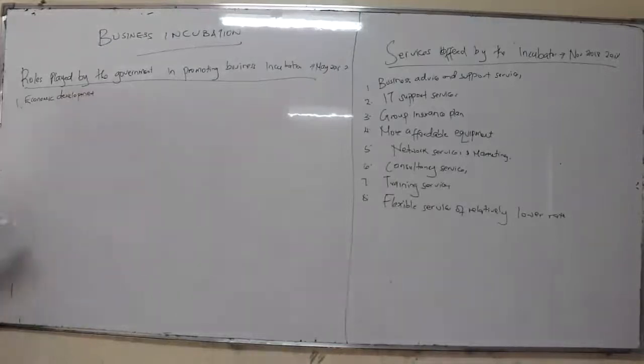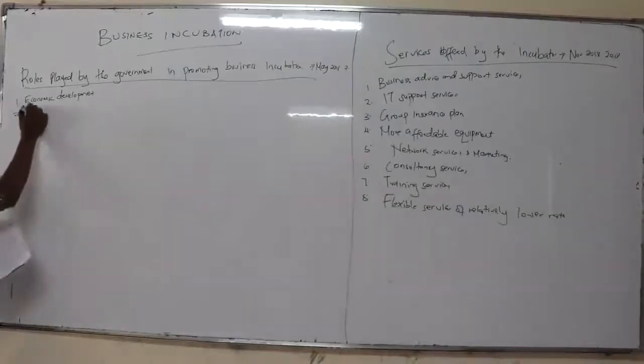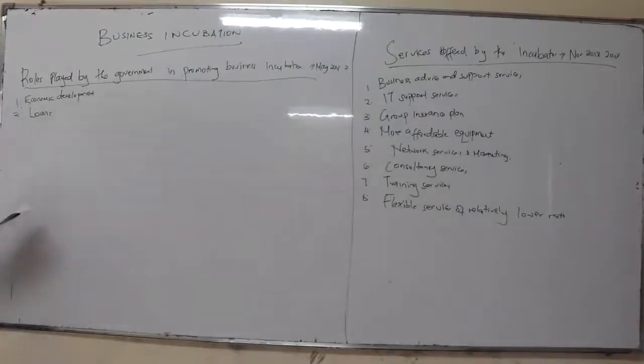When you talk of the economic development, they usually create specific programs for helping business startups continue to grow and relocate to specific areas. Another role played is offering of the loans. They provide loans to small businesses, encourage local banks to work with the startups or area businesses that wish to expand.